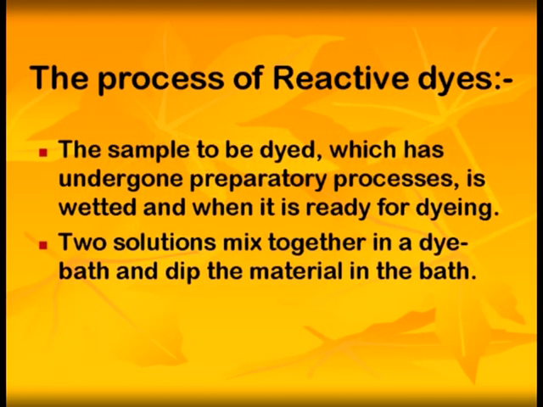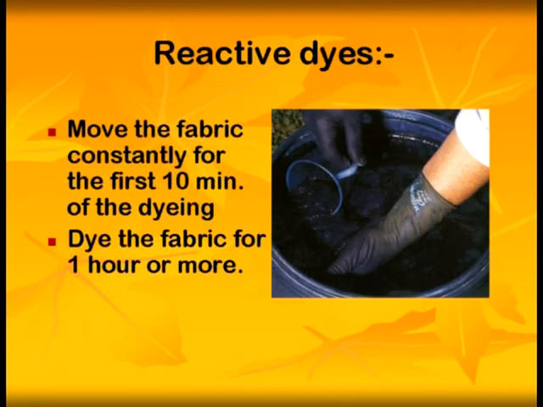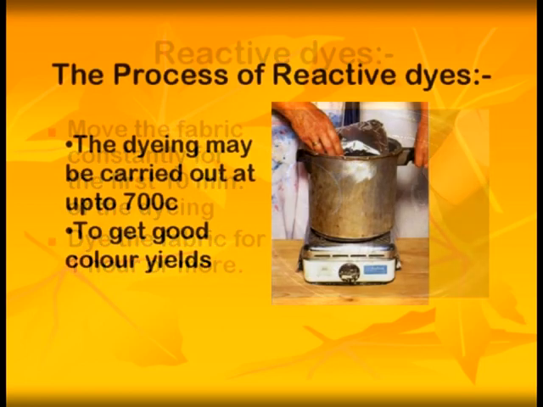The sample to be dyed, which has undergone preparatory processes, is wetted, and when it is ready for dyeing, mix the 2 solutions together in a dye bath and dip the material in the bath, moving the fabric constantly for the first 10 minutes and then intermittently the rest of the dyeing time, which may be 1 hour or more.